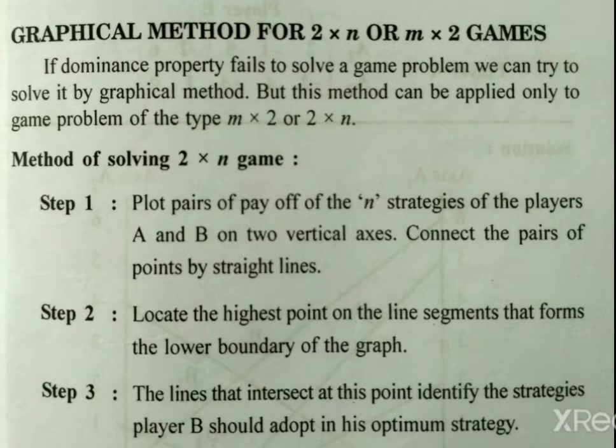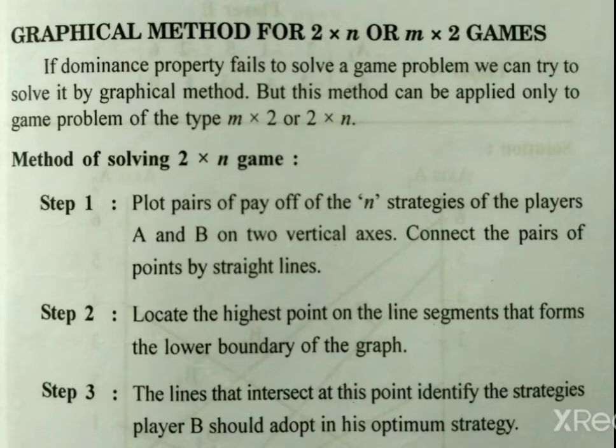In the next class, I will do an example for this one. We have to use the dominance property to find the value of the game. In that case, if we can't reduce the matrix to 2 by 2, we can use the graphical method. So that problem I will do in the next class.